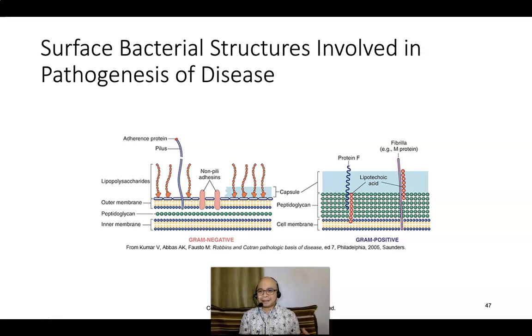They have non-pili adhesins, they have pilus, and they have the cell surface polysaccharides, the Fimbriae. This is not found among gram-positive bacteria, but they have Fibrillae, an example of which is M protein, which is found in some species of Streptococcus.